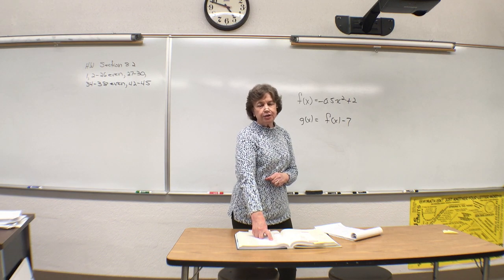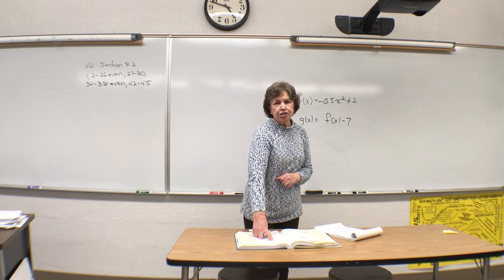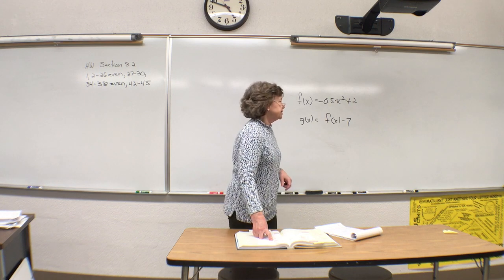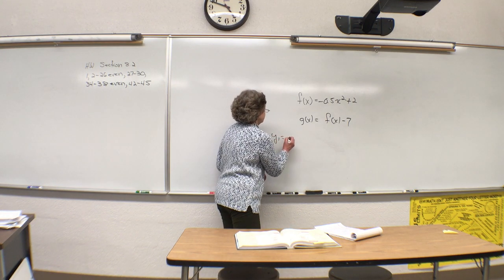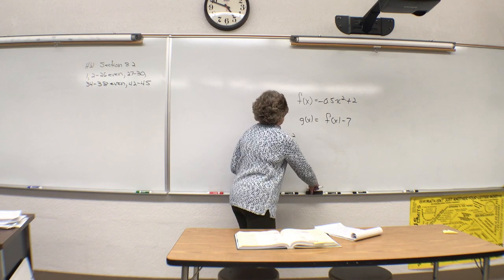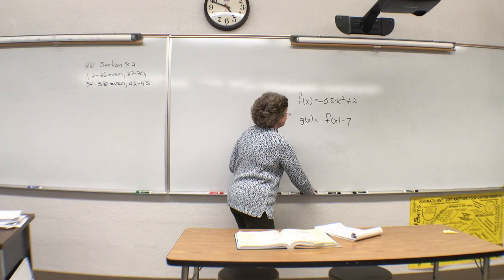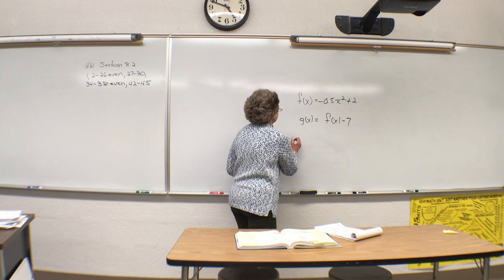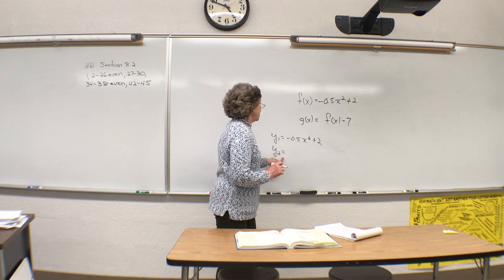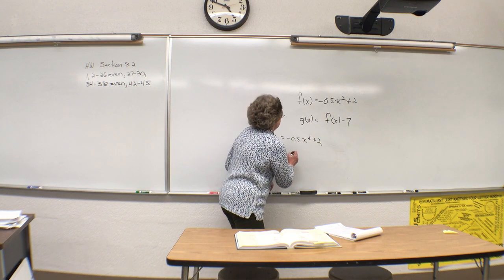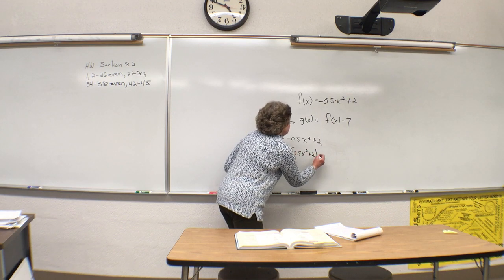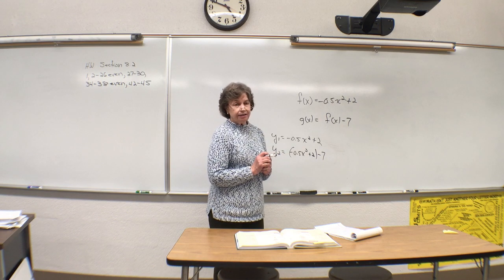In your calculator, if you would go to y sub 1 and enter the parent function, f of x equals x squared, or y equals x squared, so y sub 1 x squared, and y sub 2, actually, let me change that. Y sub 1 is going to be negative 0.5 x squared plus 2, and enter y sub 2 as negative 0.5 x squared plus 2 minus 7.